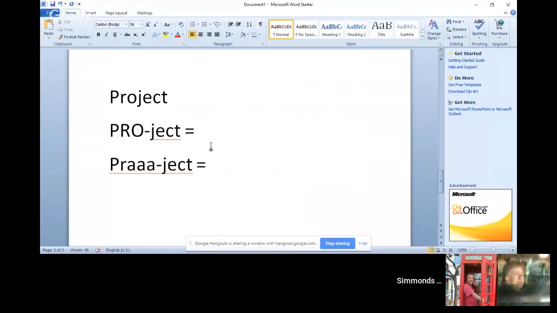Maybe we'll do PRA and then this part. I was told that the second syllable should be stressed as a verb.